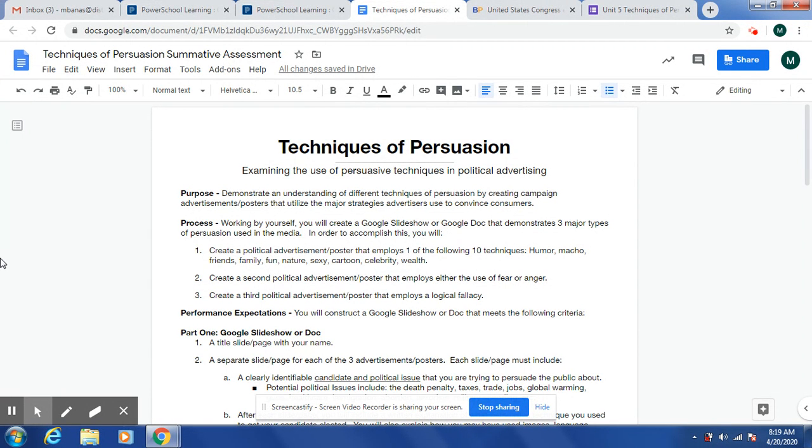In order to accomplish this, you will create a political advertisement poster that employs one of the following 10 techniques: humor, macho, friends, family, fun, nature, sexy, cartoon, celebrity, or wealth. The second one, you're going to create a second political advertisement that employs either the use of fear or anger. And the third one, you're going to create a political advertisement poster that employs a logical fallacy. And at the end of this, I'll show you guys a couple examples.